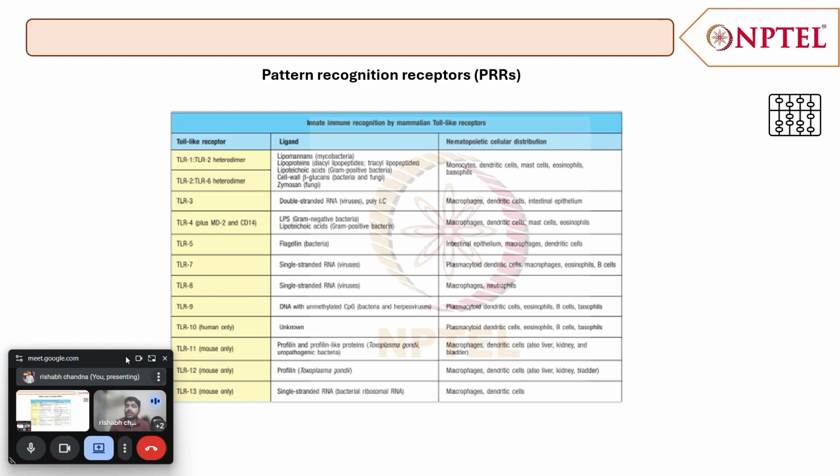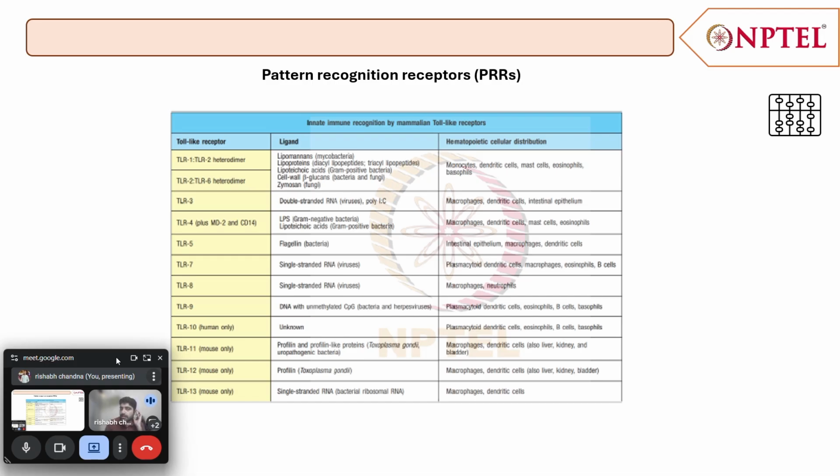some of the TLRs that we have studied, for example 1, 2, and 6, become heterodimers that can recognize different ligands, and some TLRs are present differentially in certain cells only.